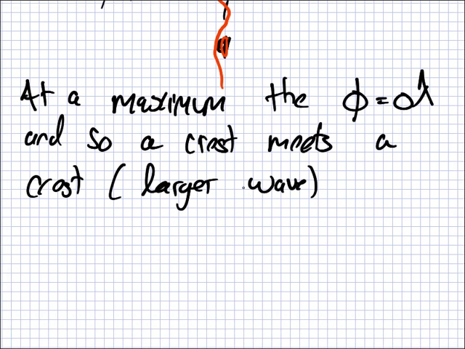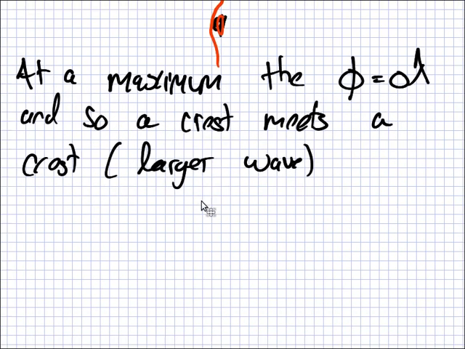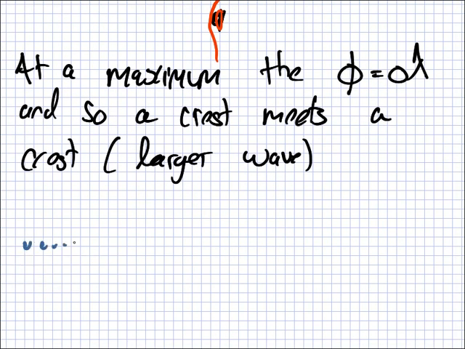Okay? Now wait, before you write that down, tell me what happens at a minimum. Minimum, the path difference equals what? What do you think at a minimum is the difference between the two paths? No, because that would be the same as 0 lambda.